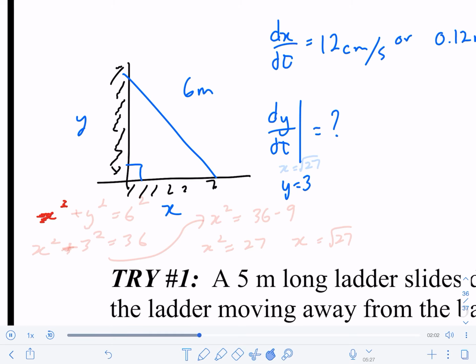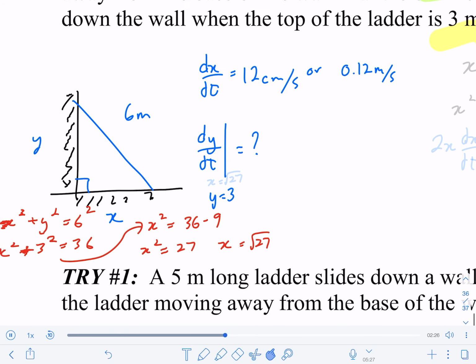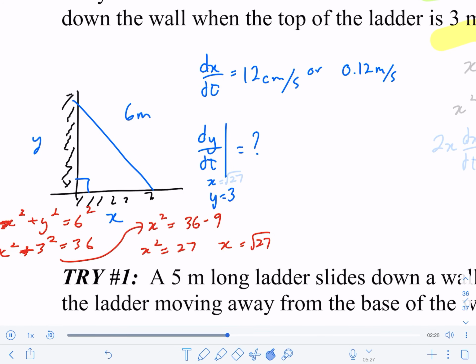So x squared plus y squared equals 6 squared. x squared plus 3 squared is 36. So x squared is going to be 36 minus 9. x squared is 27. And so x is going to be the root of 27. So I can add that to this set of conditions that when y is 3, x is root 27.